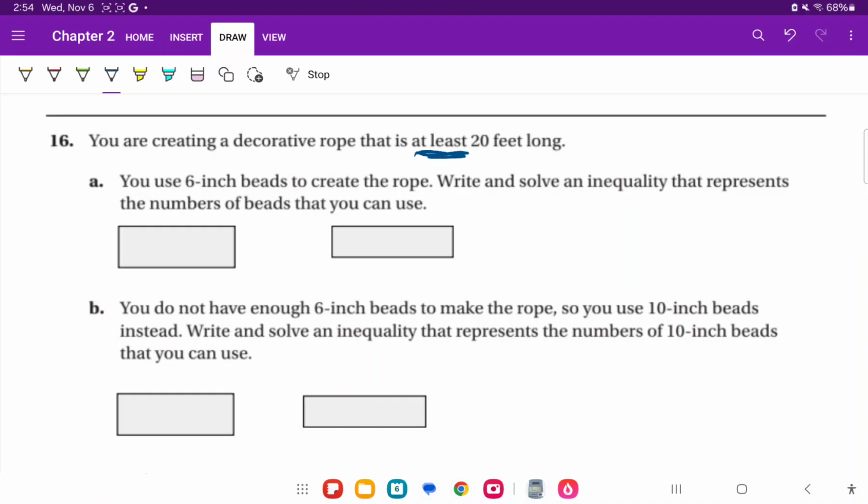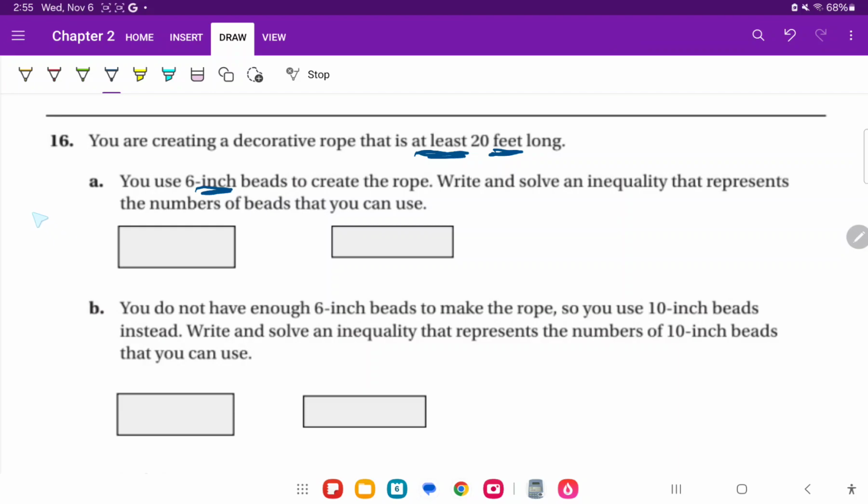You use 6-inch beads to create the rope. Write and solve an inequality that represents the number of beads that you can use. Now, this is using feet, but this is using inches. So we have a problem, and we're going to have to fix that so that they're using the same unit.